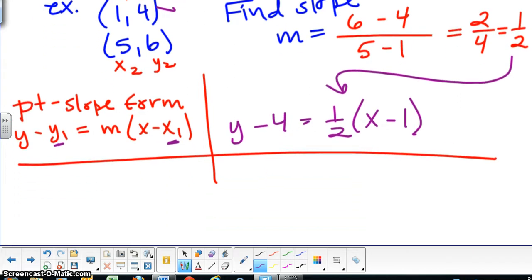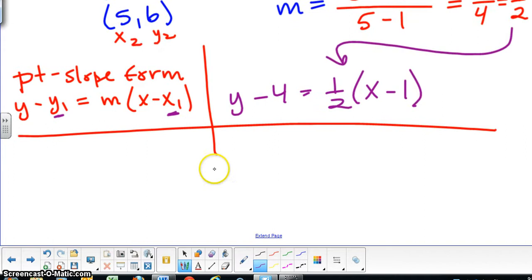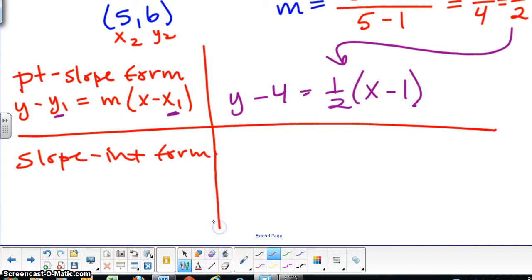Okay, now the next one would be the slope intercept form. And we can take the answer from the previous form and just simplify it. We need that final form to look like y equals mx plus b.